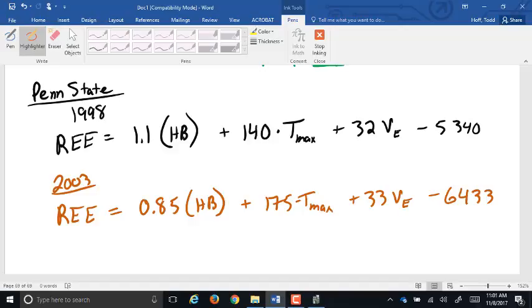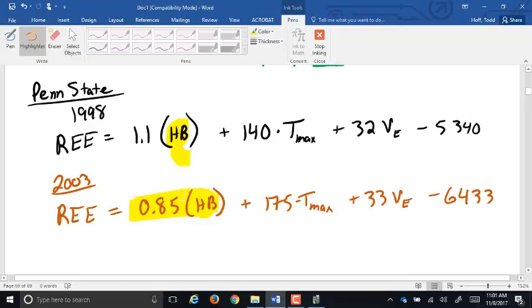Are they saying that the result of the Harris-Benedict model has more or less impact on your calorie expenditure? Less, good, because they went from 1.1 down to 0.85. They're giving it a lower weight.